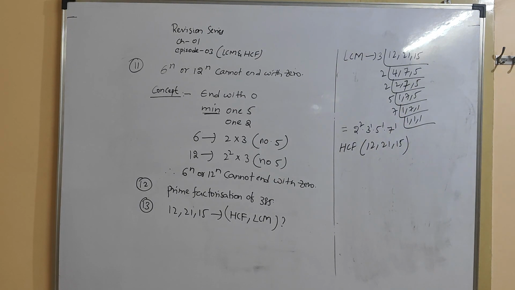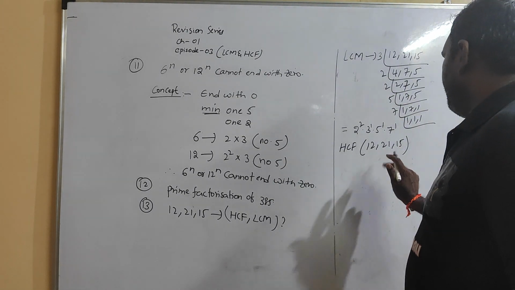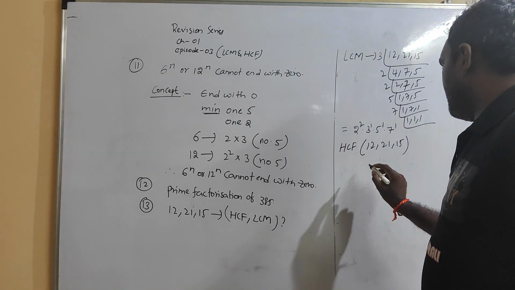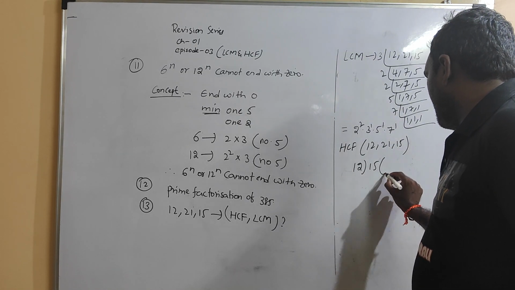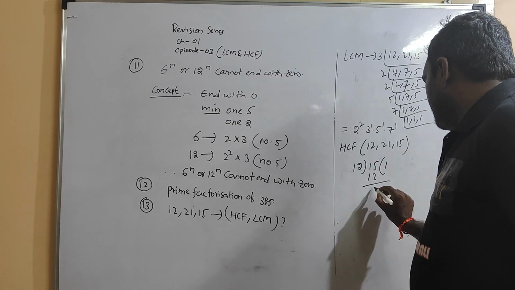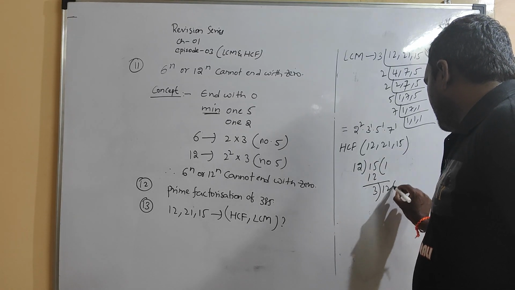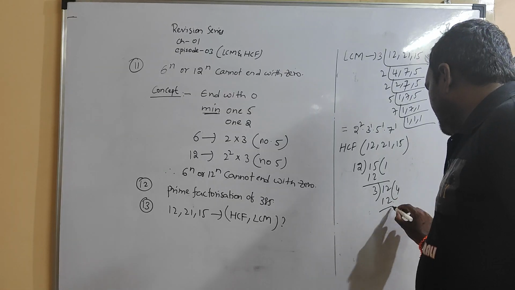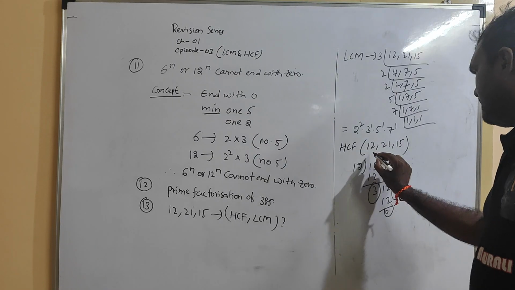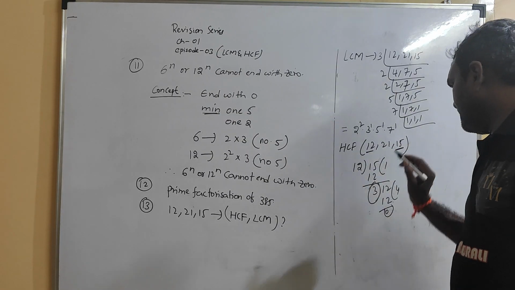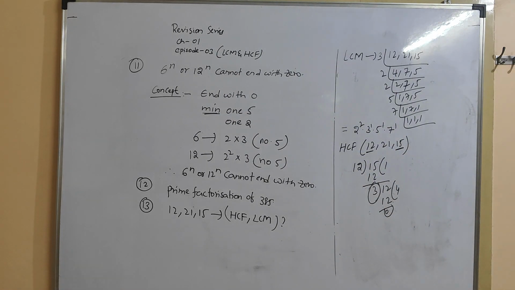Here 12 and 15 are a little close compared to 21. So take 12 and 15. 12 ones are 12, 3 is left, 3 4s are 12, what you got? 0. So 3 is the HCF for 12 and 15, not for all.